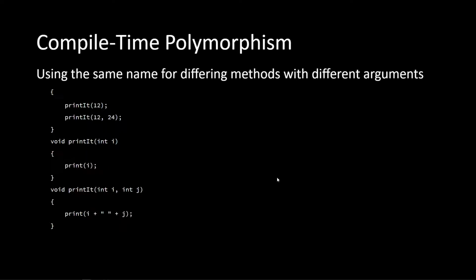Compile time polymorphism. Using the same name for different methods with different arguments is the classic case of compile time polymorphism. So for example, I might have two forms of this printIt function, one which takes a single argument, the other which takes two arguments. Now, you may remember from working in Unity with Instantiate, for example.